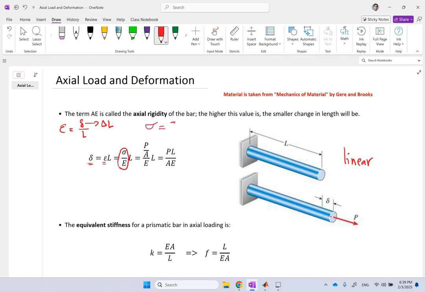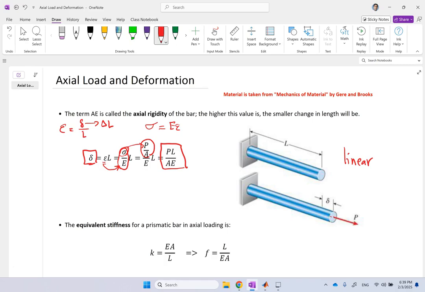Because stress is E times epsilon. So epsilon is sigma over E, and sigma itself is P over A, right? So if you replace and simplify, your elongation is going to be PL over AE. That is the formula in the linear region.